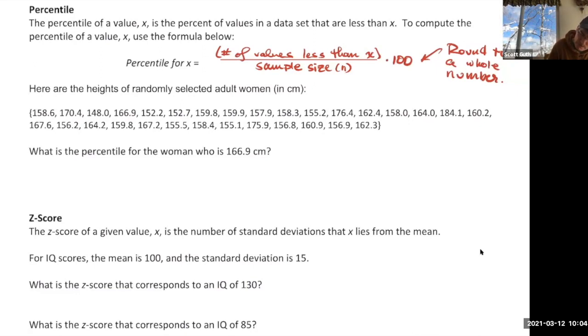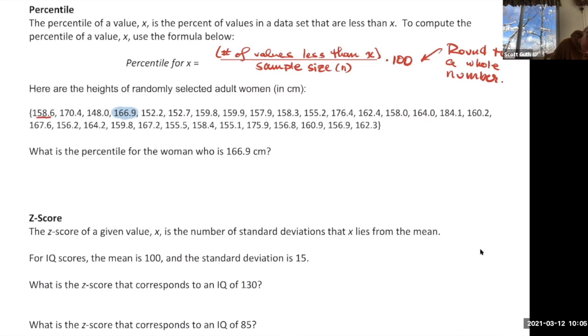Where's she? Right here. Then we're just counting how many women are shorter, so I'll quickly underline them as I count.